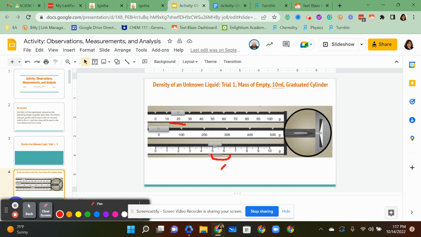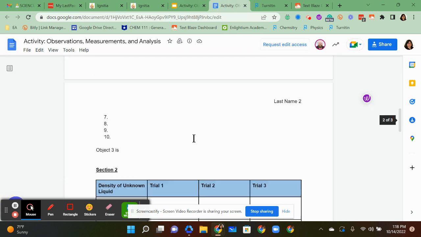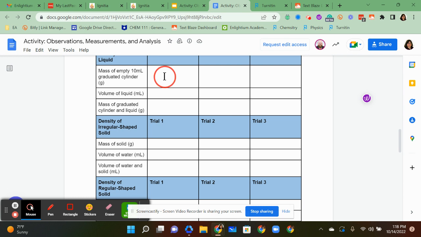And that is the mass that you're going to record in that data table in the template. So there you have the mass of the empty graduated cylinder. Okay. Now, on your data table, the number that we just read goes right here.